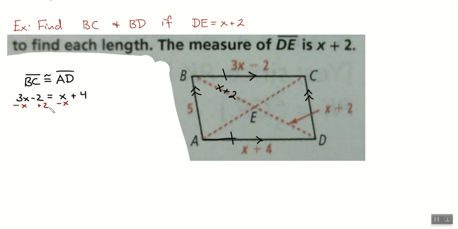Plus 2 to both sides. How many x? Try again. If you have 3x and you subtract 1, good. And that's all that's over here, equals, they're gone, 6. What's x? Divide by 2, right? Okay.